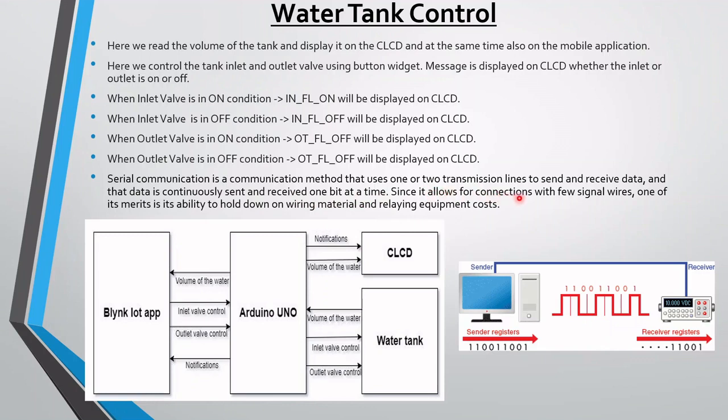Since it follows connections with few signal wires, one of its merits is its ability to hold down wiring material and relaying equipment costs. This is the block diagram of how serial communication takes place.